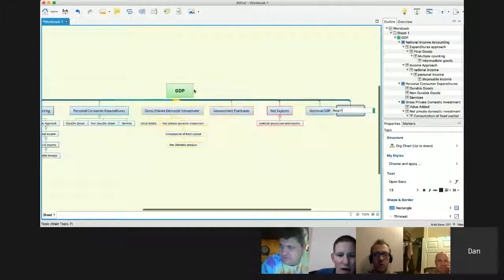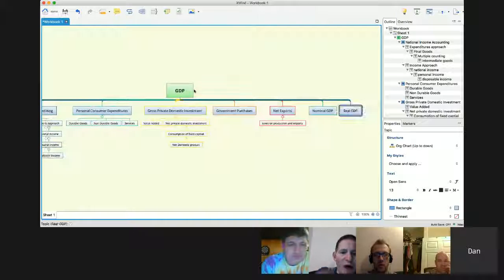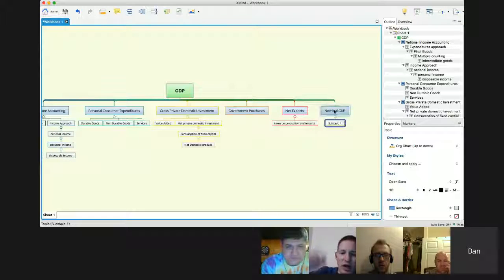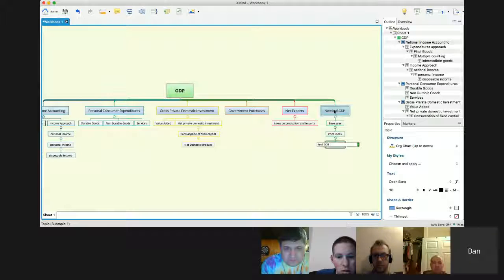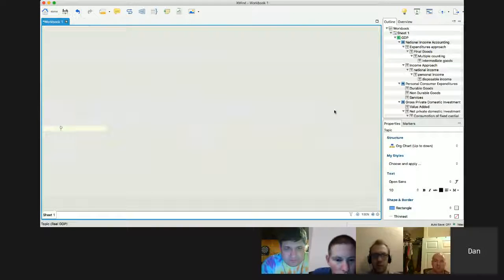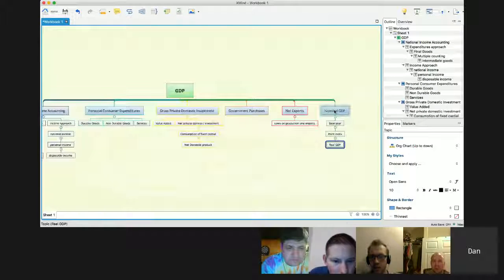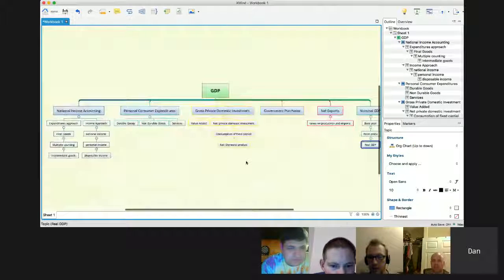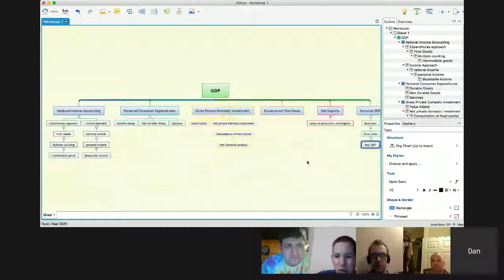I'd put nominal GDP, then your base year, price index, and real GDP at the bottom, because you go through those steps to find the real GDP. It's a good idea. Like that? Yep, that looks good.